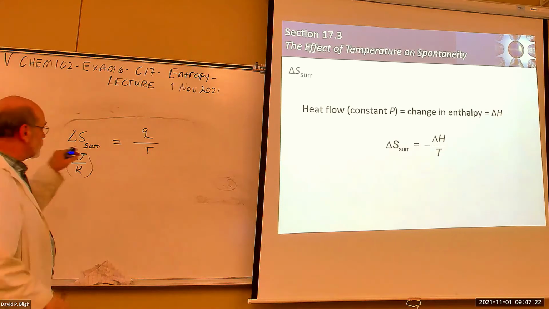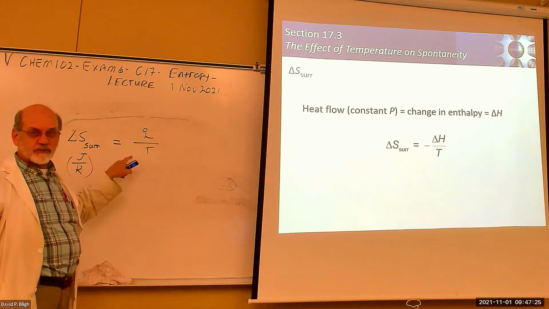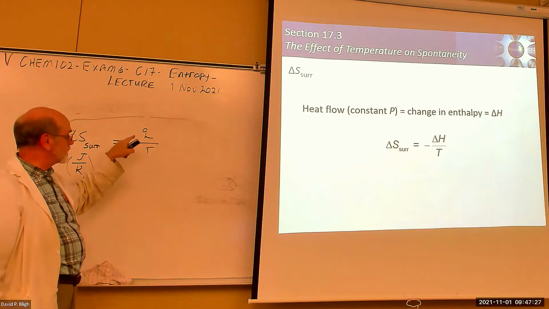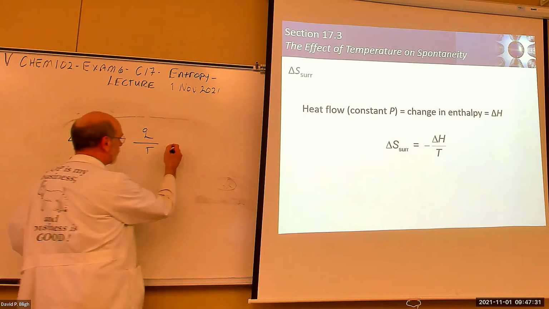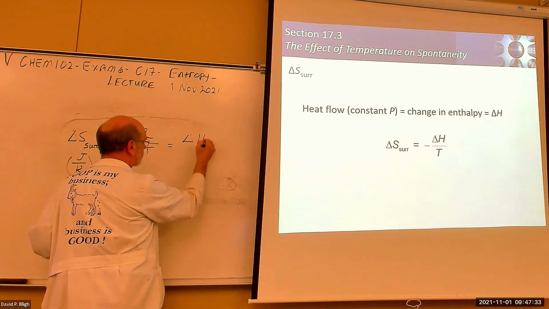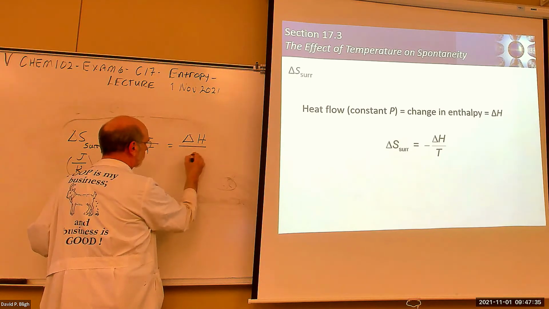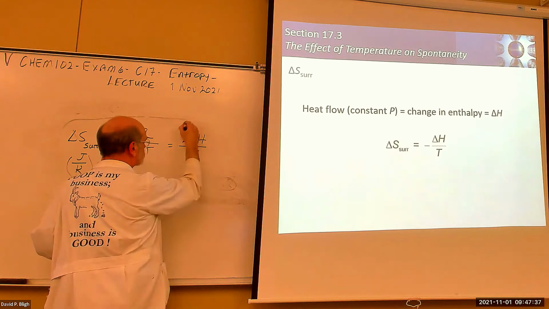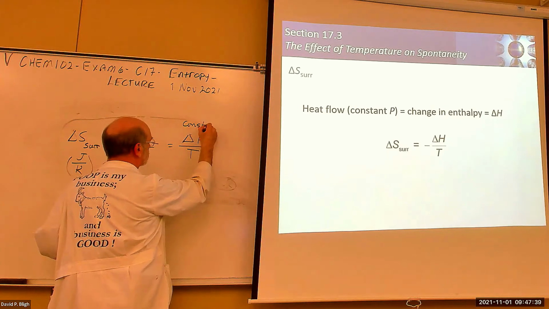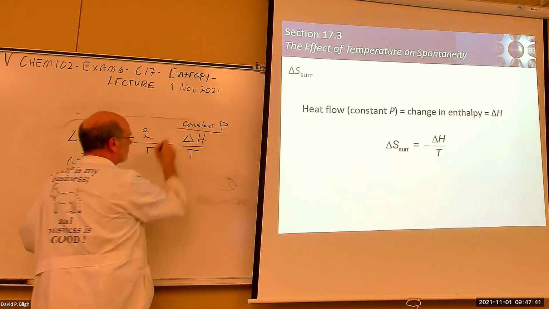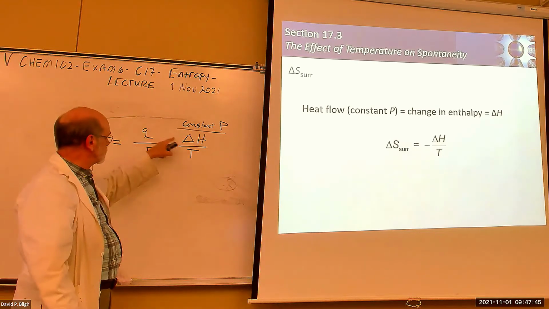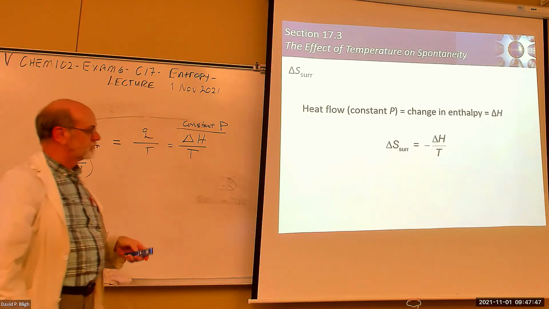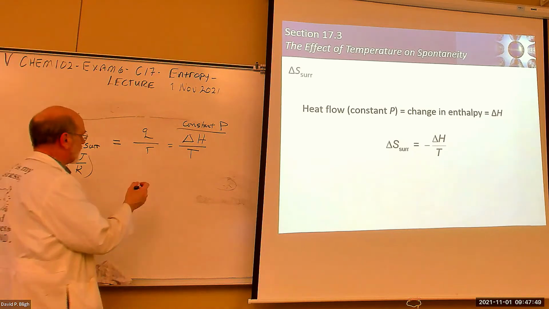So if this is at constant pressure, now we can say that's delta H, enthalpy. This is at constant pressure, just like before. That's the only time that these two could be equal. Oh, and this is negative.